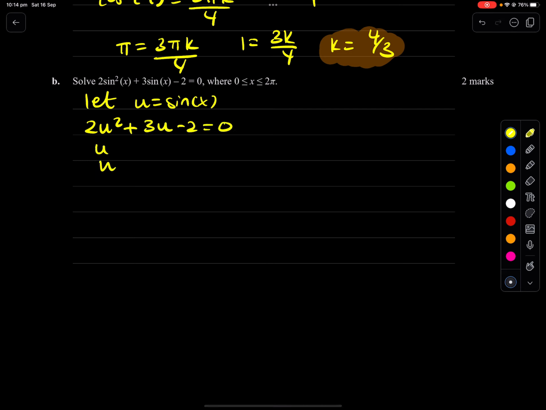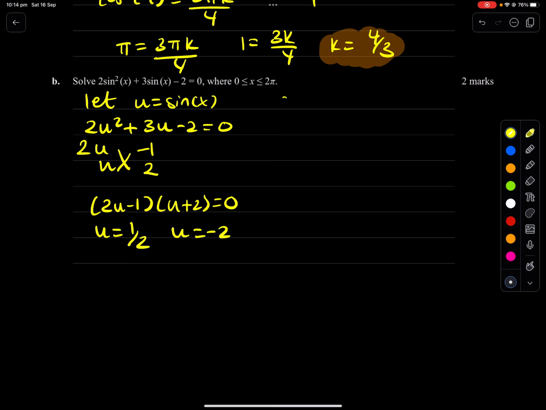So if I put a 2 over here and 1 here, and a minus here, so 4 minus, yeah, perfect. So this will be (2u minus 1)(u plus 2) equals 0, u equals half, and u equals negative 2. So we're saying sine x is half and sine x equals negative 2.